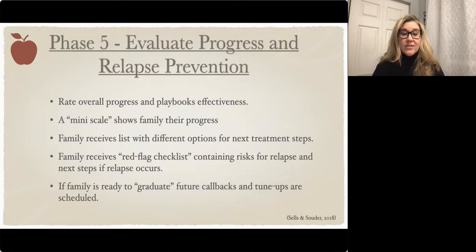They also receive a list with different options for the next treatment steps, along with red flag checklists that contain the risk for relapse and the next steps if relapse occurs. Then if the family is ready to graduate, they set up future callbacks and tune-ups are scheduled.